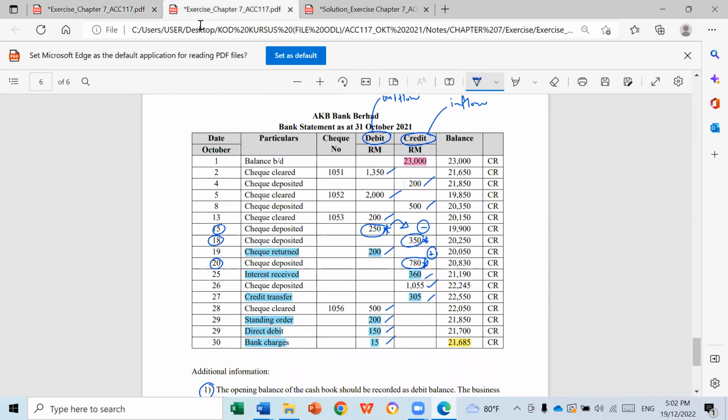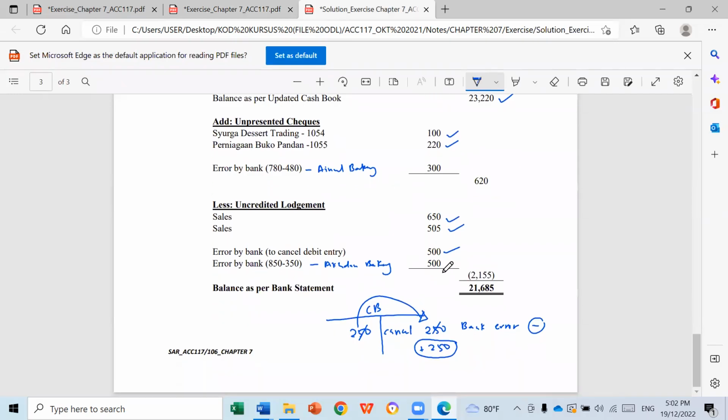So you have to minus. Yeah, you have to minus. So the minus 500, while Ainul from 480 become 780. So you have to add. So this is how you record the error made by the bank.